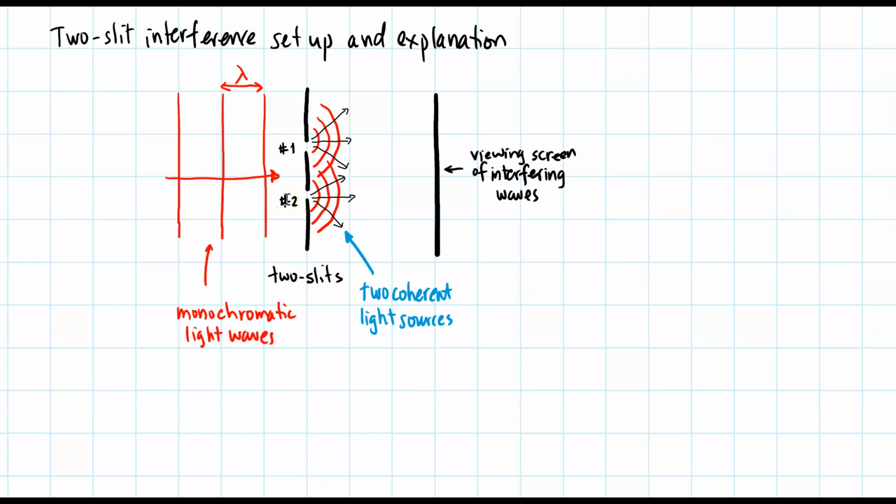What happens then is that these waves become two coherent light sources, and then they spread out or fan out, and they overlap at some point on this viewing screen, where we then observe bright and dark, constructive and destructive spots or fringes.